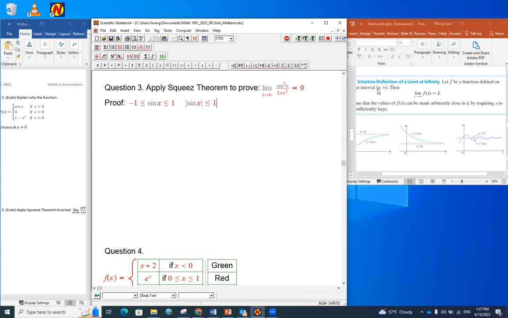So we can assume this a is sufficiently large, so large that on this interval x is very large, so x squared is very large. We can obviously see this is going to be true, but we have to get there from the known facts: the absolute value of sine x is less than or equal to 1.